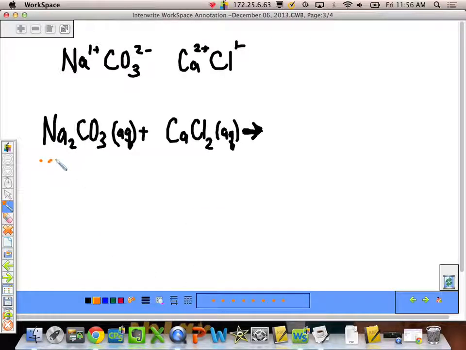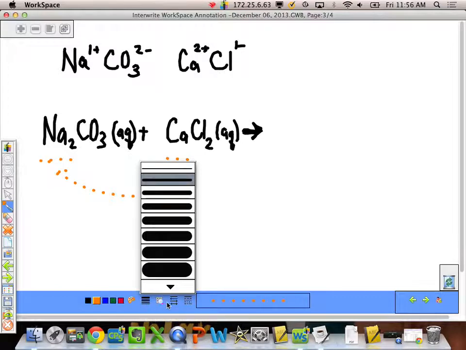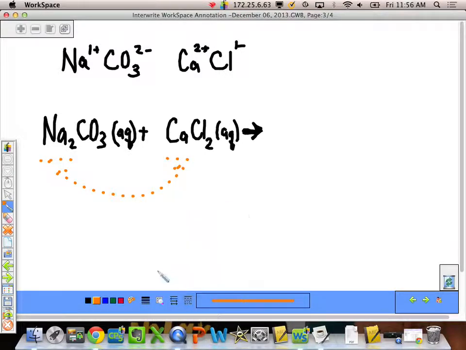So my metal and my metal are going to switch places. Doesn't matter which one you end up putting first. I'm going to do the calcium carbonate first.